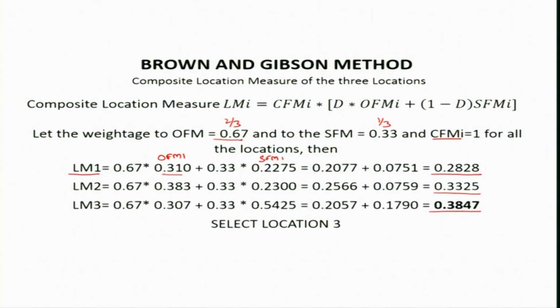And so we found that location 3 has the highest score, so location 3 is selected. So, this is a brief on the Brown and Gibson method, by which we can compare alternative locations on parameters. The parameters are divided into 3 categories: subjective factors, objective factors and critical factors.